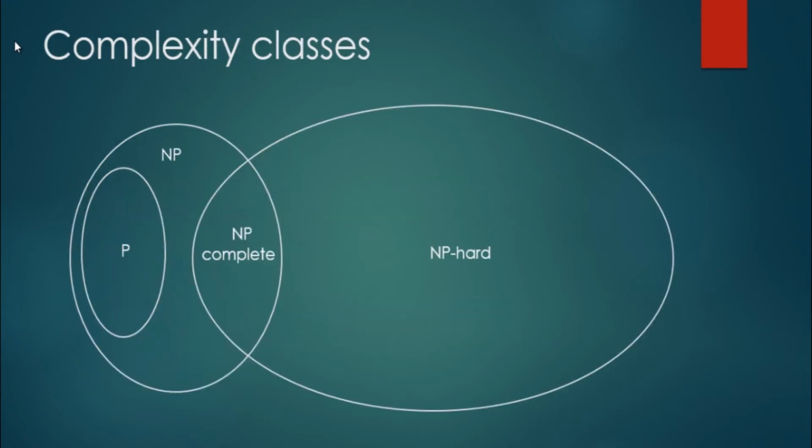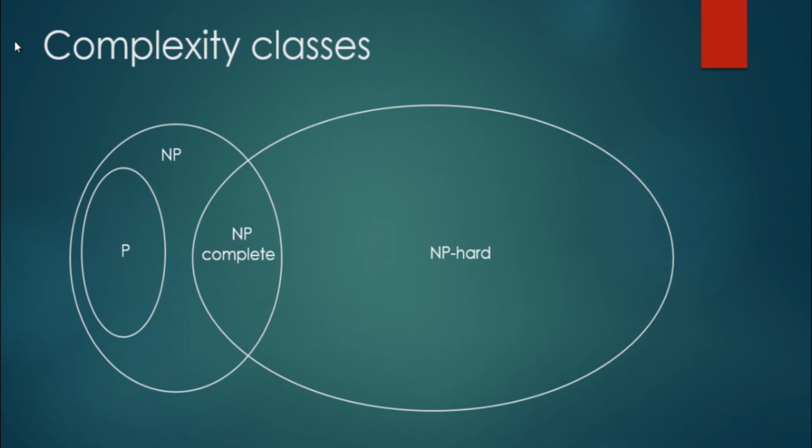As far as the complexity classes are concerned, we have the so-called P, NP, NP complete, and NP hard. The P stands for polynomial, and most of our algorithms are in this class: searching, binary search tree operations, ternary search trees, or sorting an array, for example.